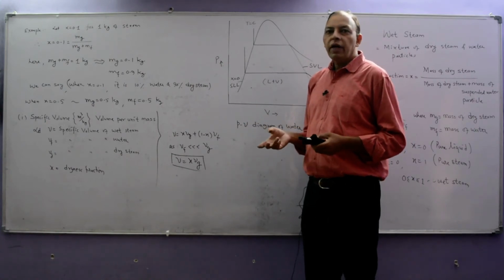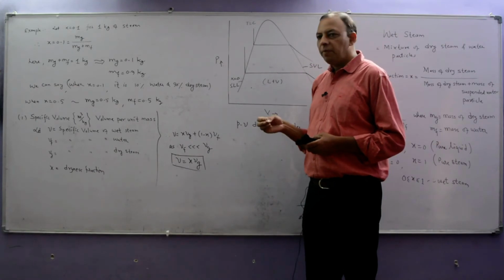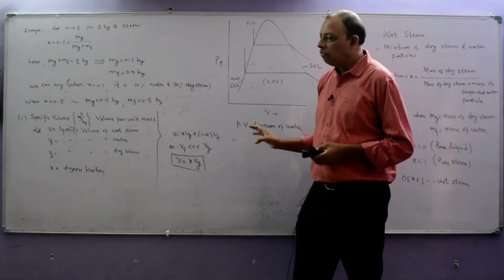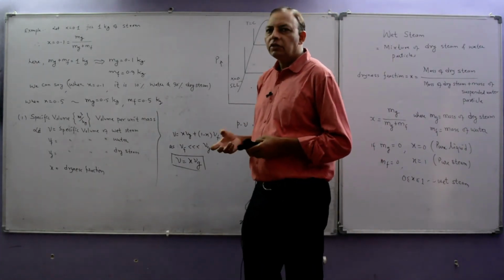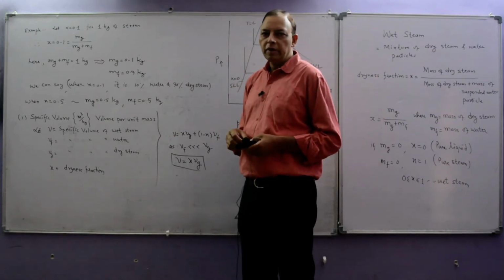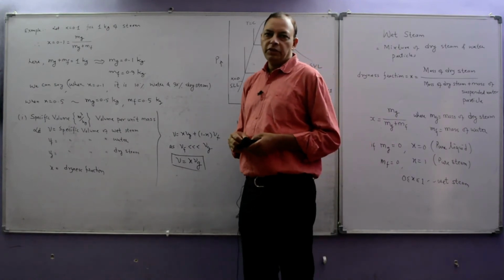So to identify whether the steam is dry steam, wet steam or superheated steam, we will clear that here. First property, what is specific volume? Specific volume is defined as volume per unit mass and its unit is cubic meter per kg.